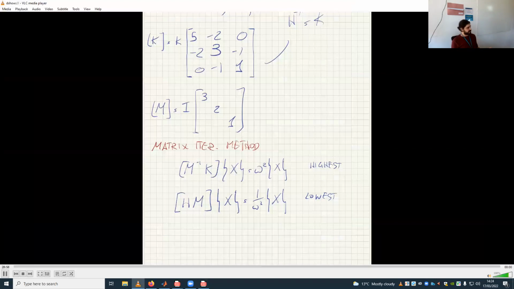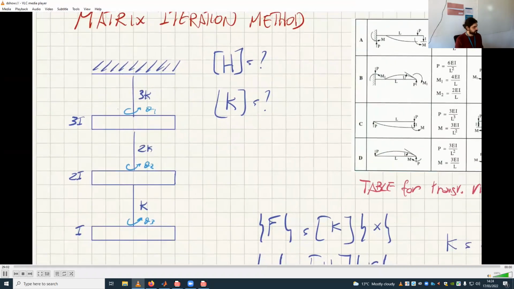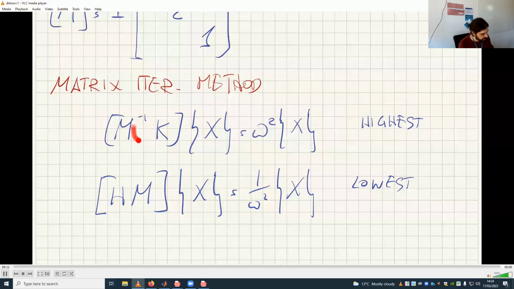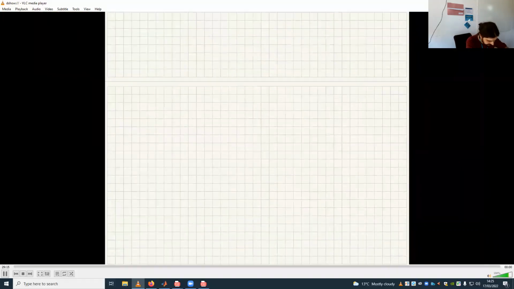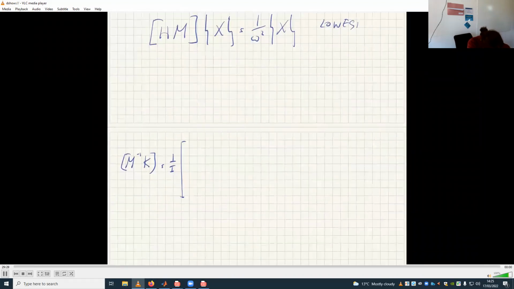And so how do we estimate the lowest mode shape of this thing? Well, before doing any guesswork, let's first find this matrix, which is M inverse times K. To find it, I have to take M inverse, which is 1 over I times 1/3, 1/2, and 1 on the diagonal.